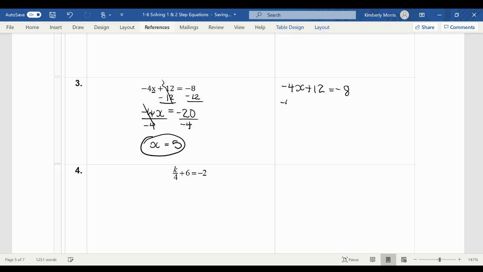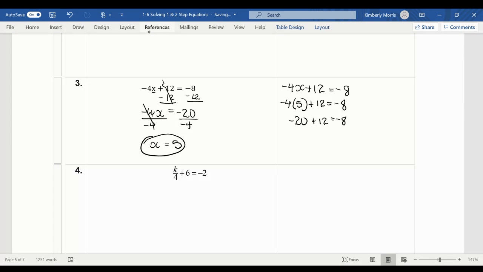So -4 using parentheses, instead of x, I'm writing 5. So I substituted my x for 5, continuing to write the rest of the equation. And now let's simplify. -4 times 5, that's -20, plus 12 equals -8. Let's simplify again.